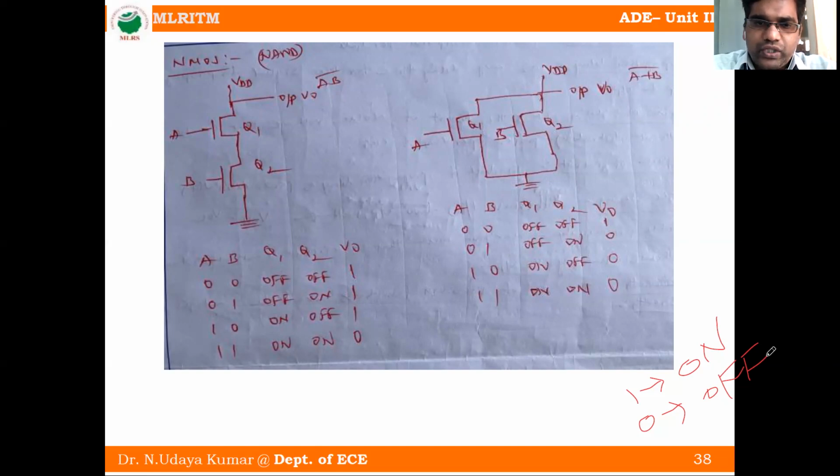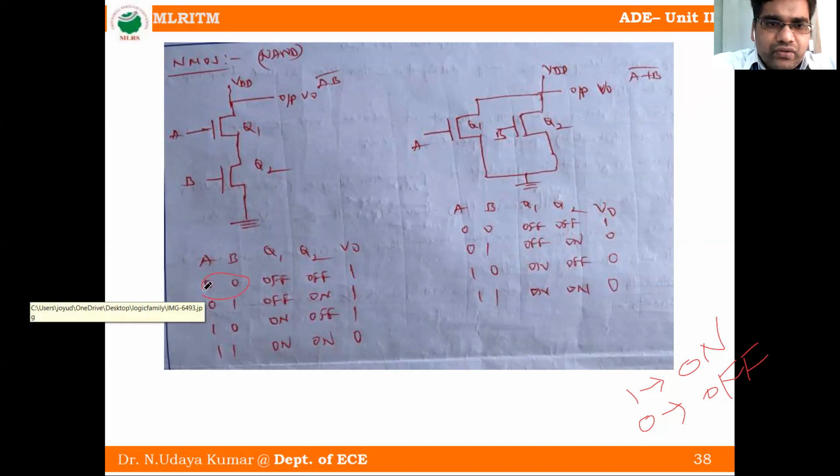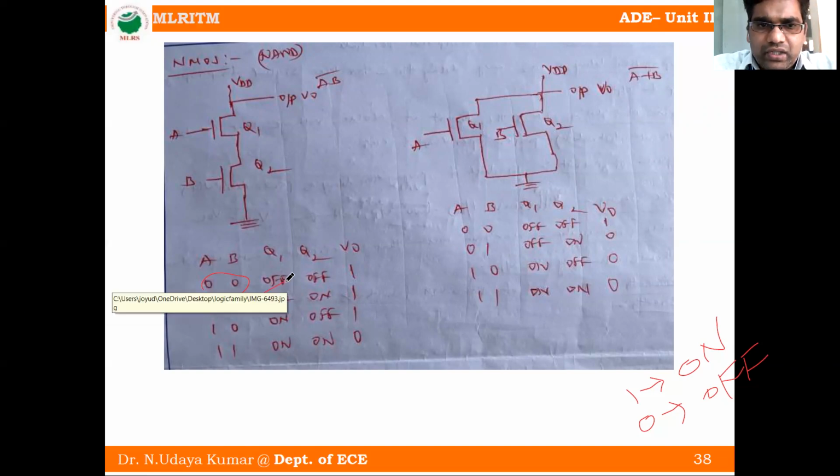So for two inputs A and B, first case 0 0 is given. Both transistors are off, because logic 0 or low voltage is given to the NMOS transistors.